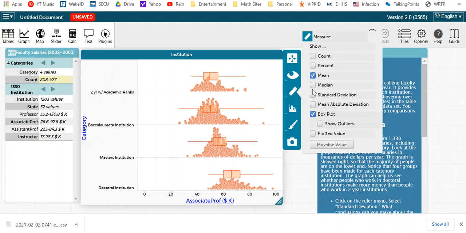Let's see if mean and standard deviation give us any further information. The spread seems to be about the same in all cases. It shows that there is a bit of a skew here and here, that you've got somebody making ridiculously more than everybody else, but you almost might consider them outliers, considering the data set.